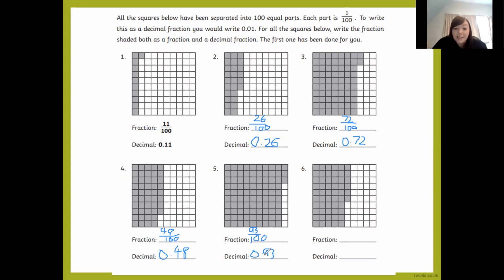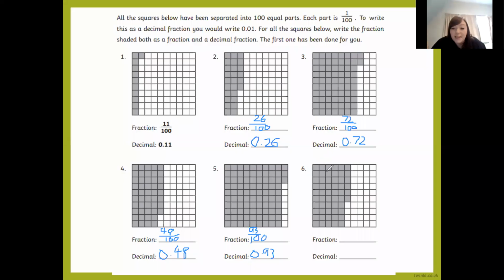The numerator is going straight after the decimal point. And this last one, we have 10, 20, 30, 40, 50, 56 hundredths. And as a decimal, that is written as 0.56.